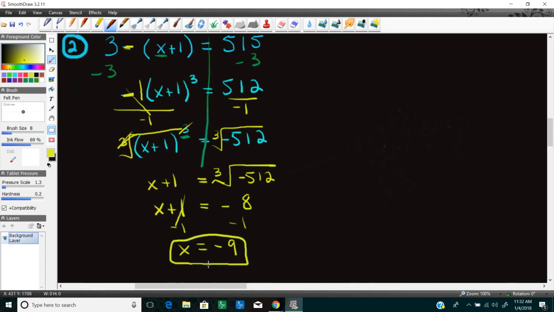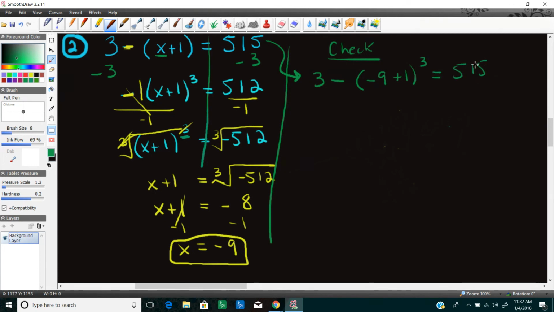Okay? And if I wanted you to check this, you would do 3, remember the original, minus parentheses, negative 9, because that is the number that we got, plus 1 cubed, and we want to see if that was equal to 515.